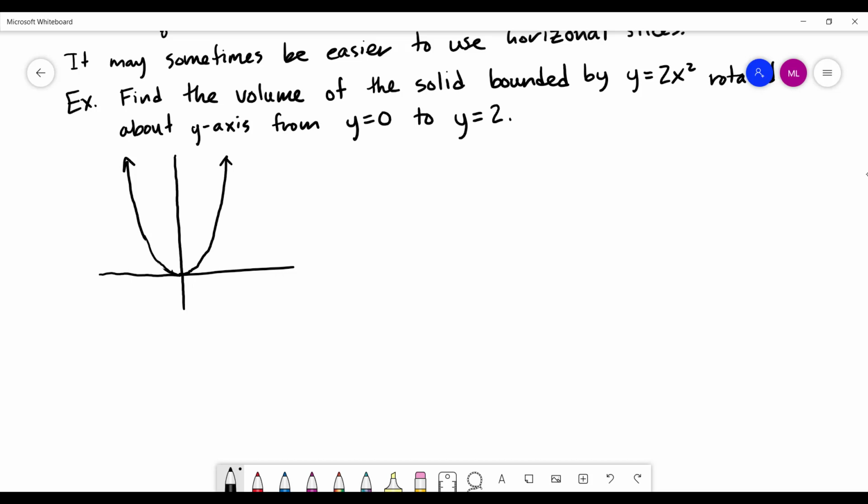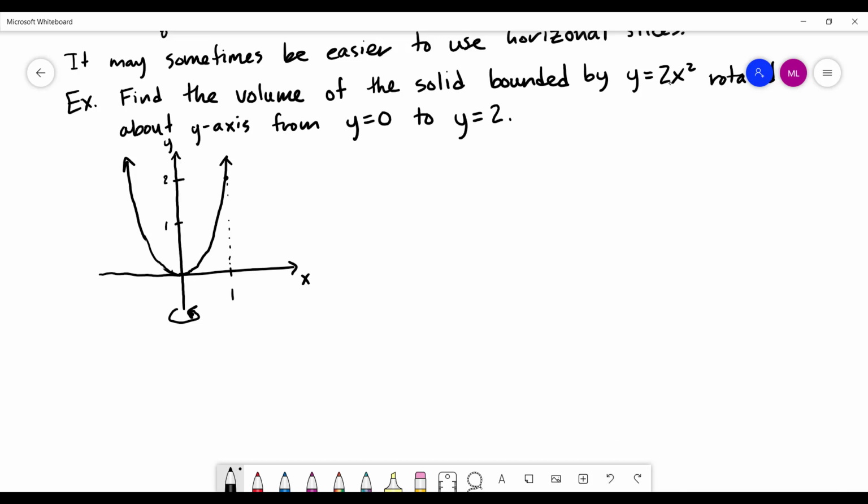And if I picked, for example, a distance of 1 here, and I plugged the x value of 1 in, I'd square that 1 to get 1, multiply by 2, and I'd be up here at a height of 2. And then we're going to rotate it around the y-axis. So the y-axis is up here. Here's our x-axis over here. And we wind up with a shape that looks like this.